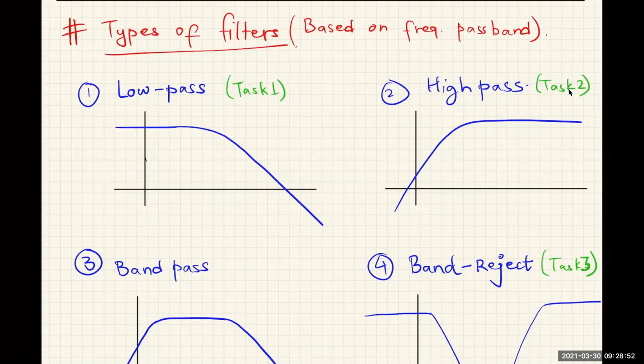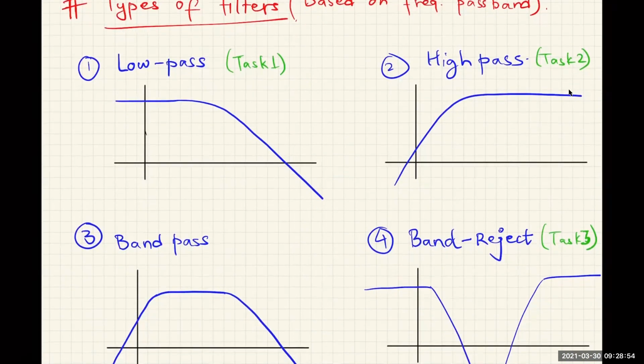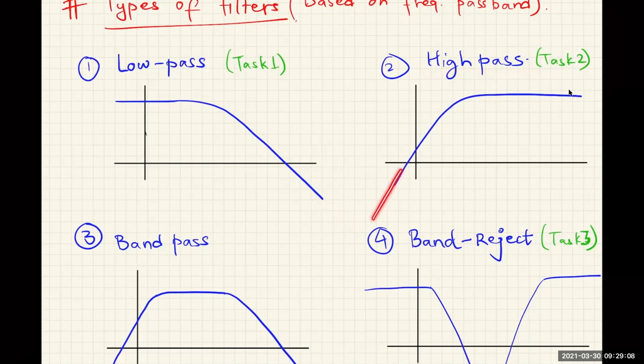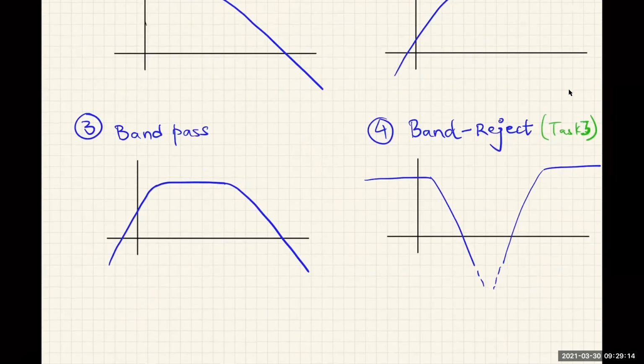Okay, so different types of filters based on frequency passband. So we just looked at a low pass filter, which allowed low frequencies to pass through and it blocked higher frequencies. You can have the opposite of that, which is called the high pass filter, and it will block low frequencies and only pass high frequencies. You can have two different combinations of that.